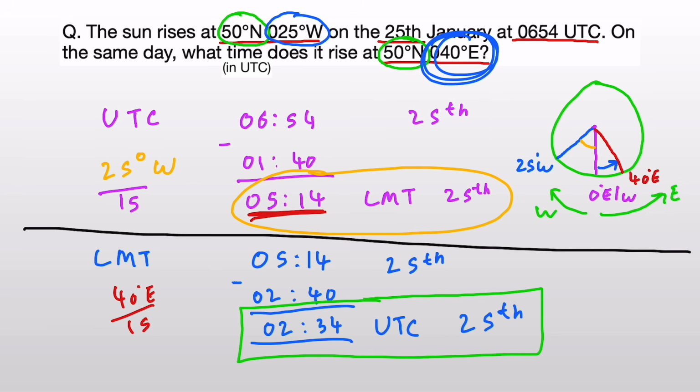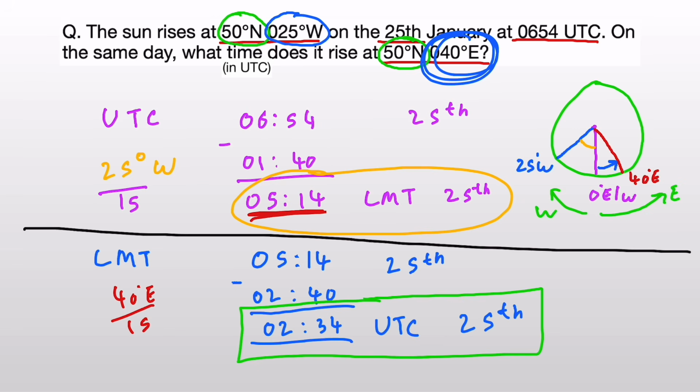Next, I knew that this is the local time at which sun will rise at 40 degrees east longitude as well. So I took the LMT to be 5 hours 14 minutes and I just converted it to UTC. To convert it to UTC, I had to find the hour angle between the new longitude and the prime meridian, which was 2 hours 40 minutes. Because the change in longitude came out to be 40 degrees, I divided it by 15, I got 2 hours 40 minutes.